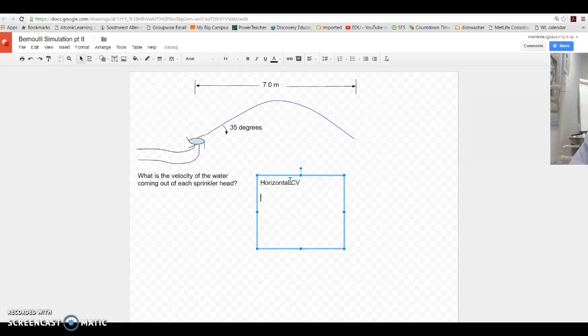And that would be x equals v times the time. Now keep in mind that this velocity is coming out of the spigot at an angle. So really the horizontal velocity is just going to be a part of that velocity. That's going to be given by trig. So it's actually going to be v cosine of 35 degrees, and that will be times the time.